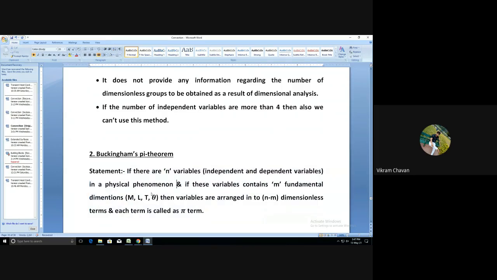and if these variables contain m fundamental dimensions in bracket M, L, T, theta.